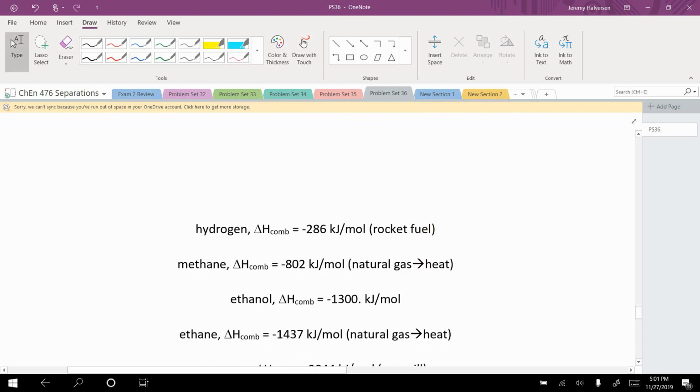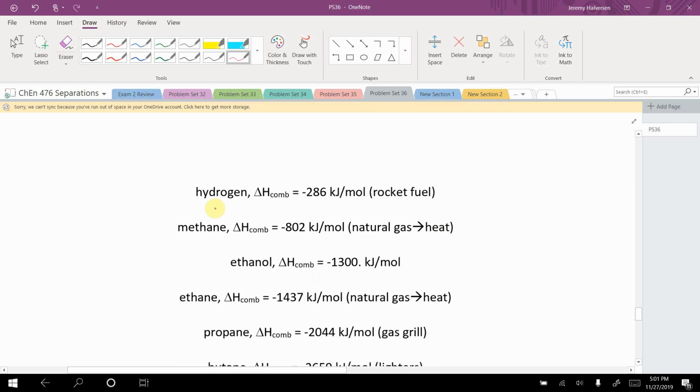So let's do it. They give us -286 kilojoules per mole. They want kilojoules per gram. Well, it's hydrogen, it's H2, which means that 1 mole is 2 grams. That gives us a fuel value of -143 kilojoules per gram.